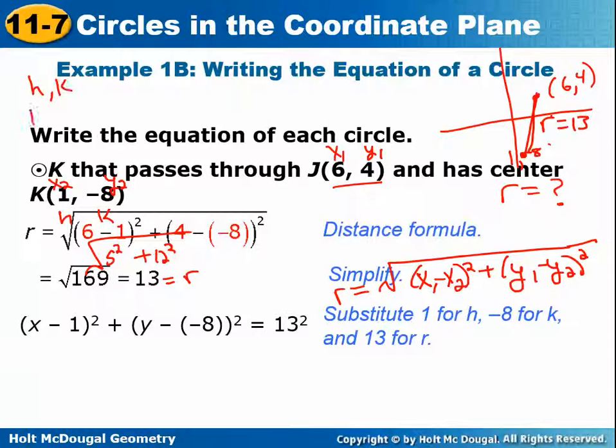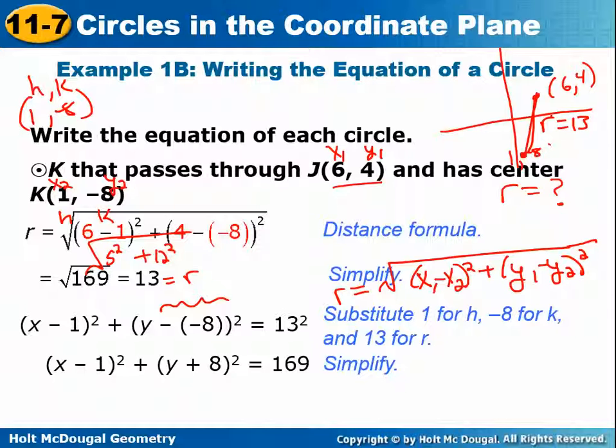Our center is (h, k) = (1, -8). So h is 1, k is negative 8. Then you simplify. You would not leave it like that. You would simplify to (x minus 1) squared plus (y plus 8) squared, because minus a negative is the same as plus. Then square your radius to get 169. So do simplify your equation as much as you can.